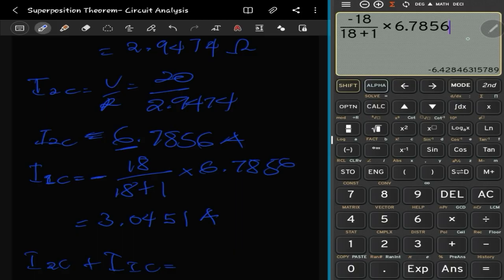I'm trying to make sure we are on the right path. Yeah, that's what we should get. That will give us minus, very important, 6.42845 approximately.